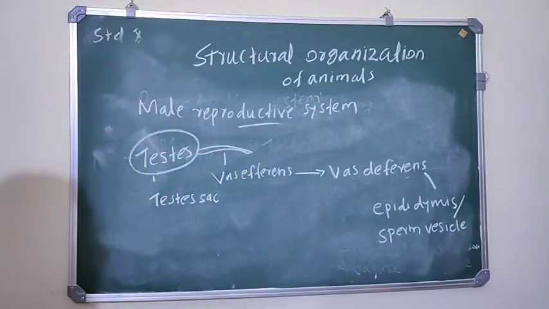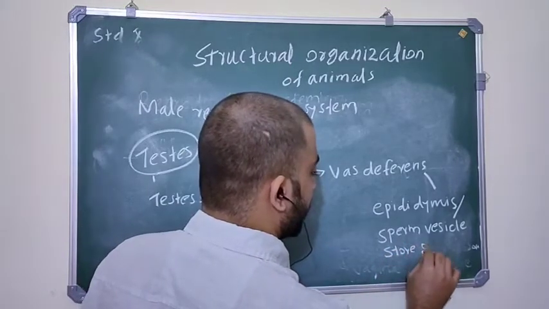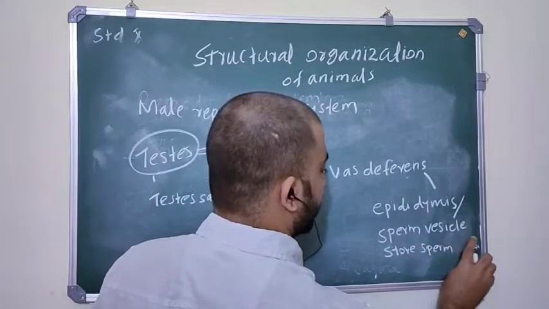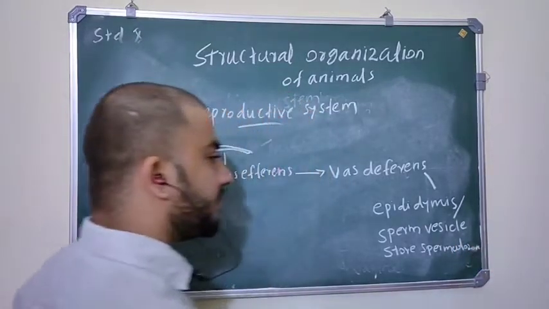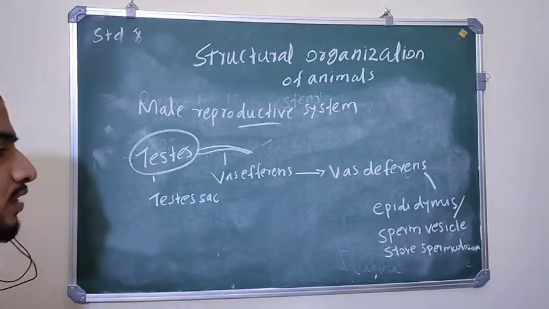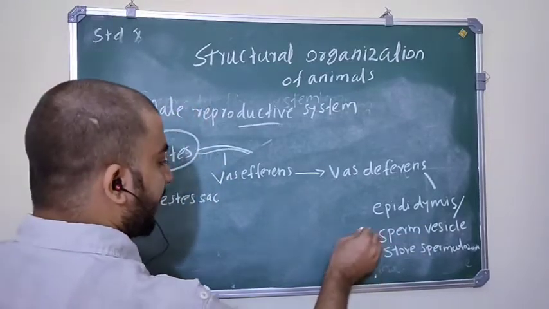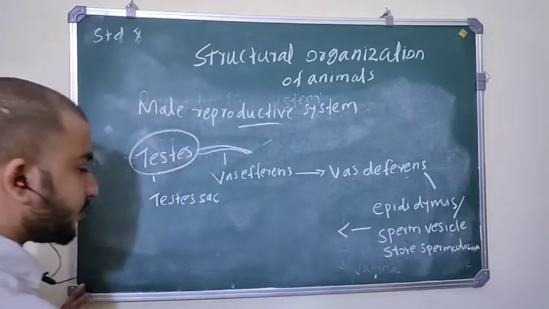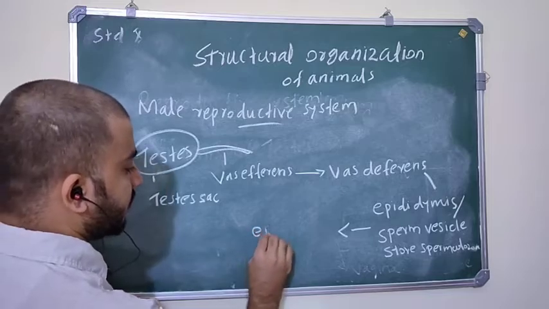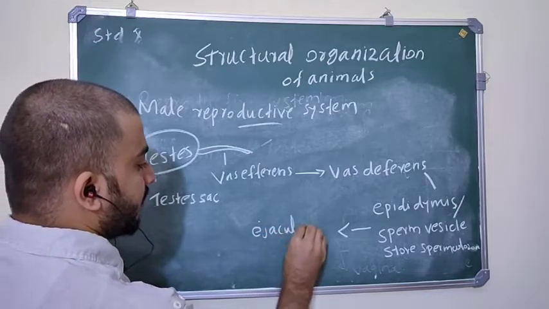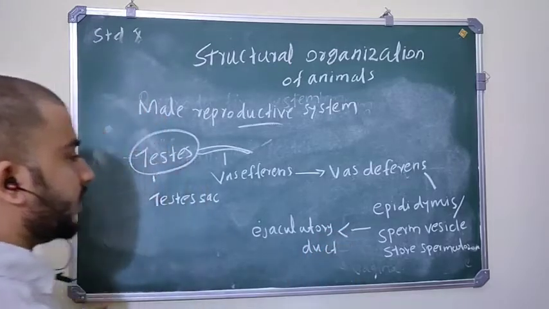The major function of this epididymis is to store spermatozoa. Spermatozoa means male gametes, and they are stored in the sperm vesicles or the epididymis. This epididymis is connected to the ejaculatory duct. Okay.